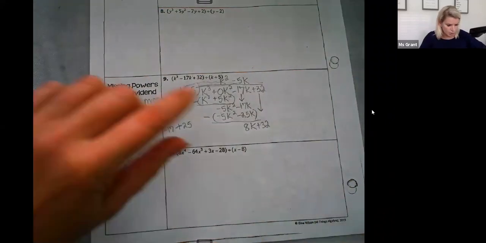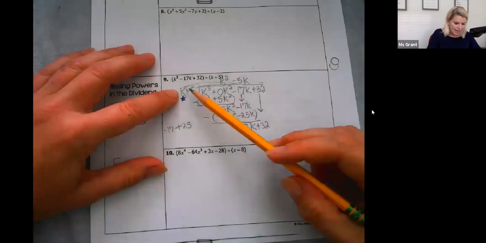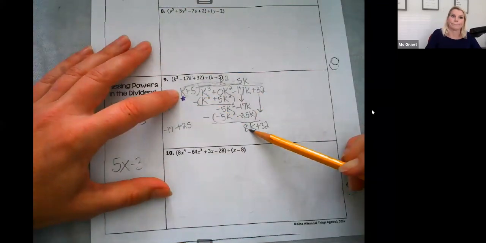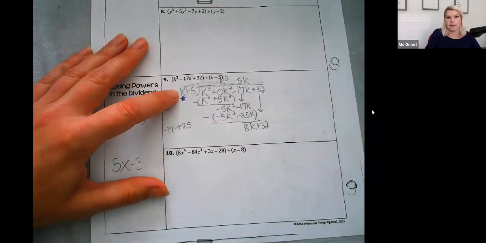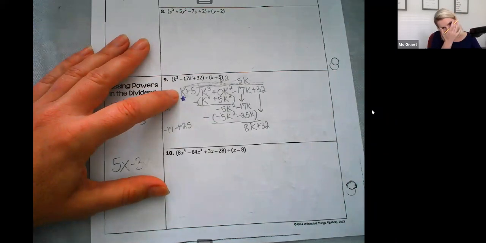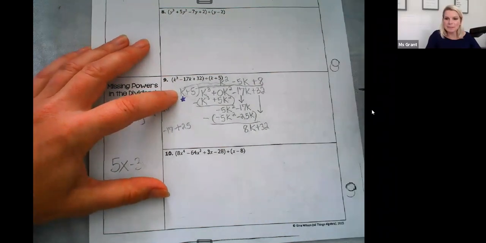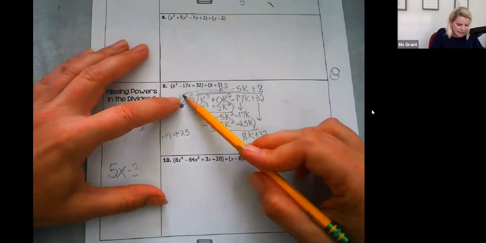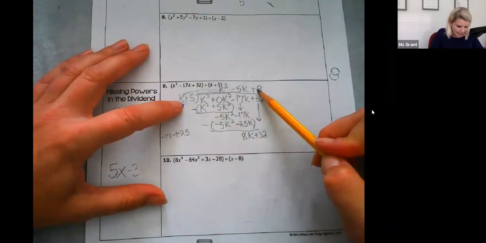Divide these two terms. How many times does k go into 8k? 8. Oh, Alexander. 8 times. Okay. Multiply. K times 8 is 8k.